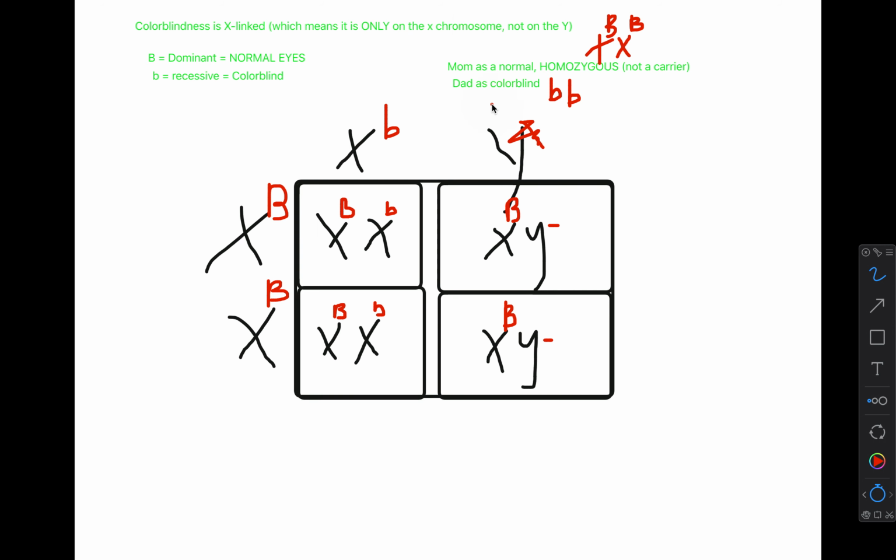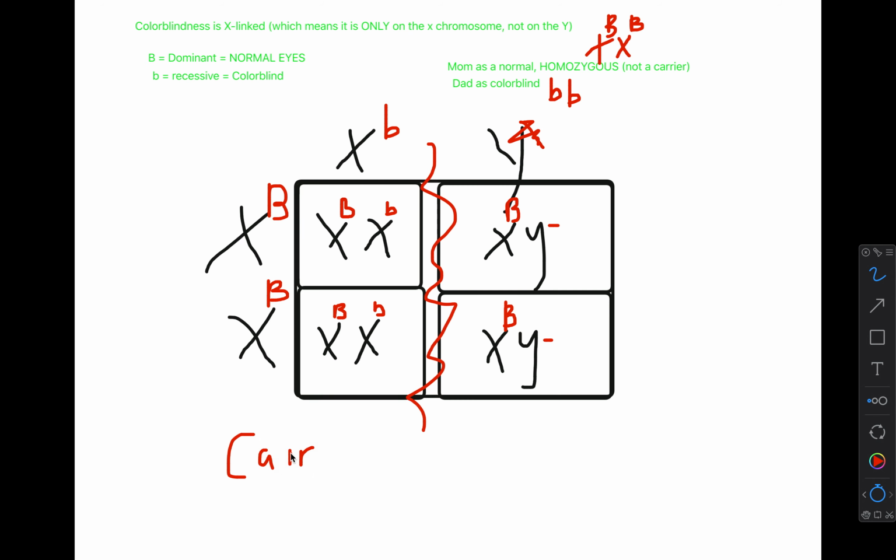Even though dad is colorblind, right? If they have a boy, none of those boys are going to be colorblind because that gene is coming from mom in this case. How weird is that? But if they have girls, both of those girls are going to be carriers.